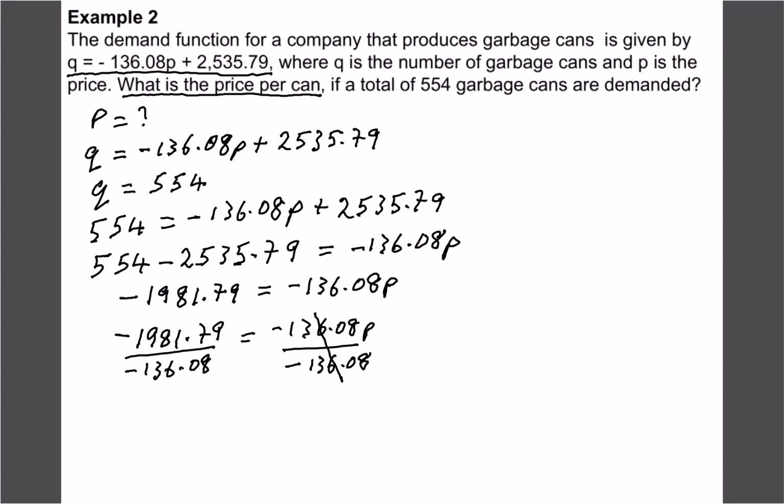So we would have, to the nearest hundredth, 14.56 equals P, better written as P equals $14.56. So the price per can is $14.56.